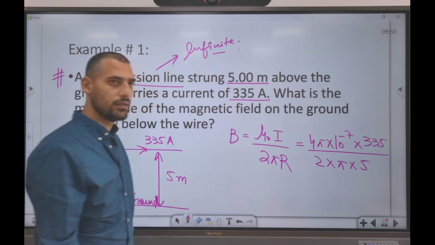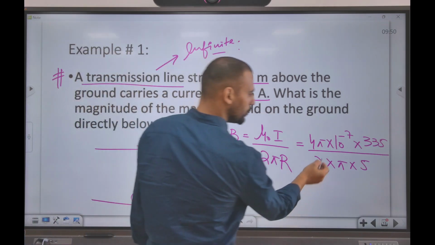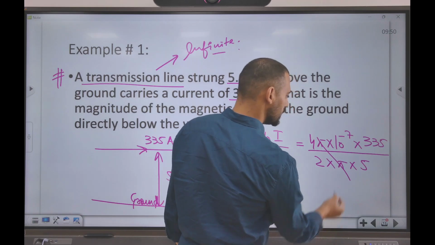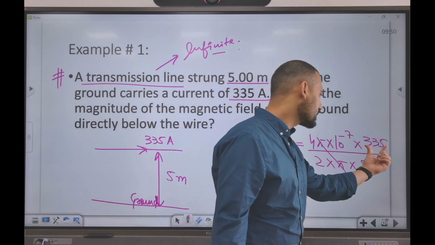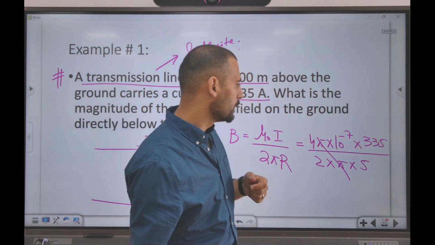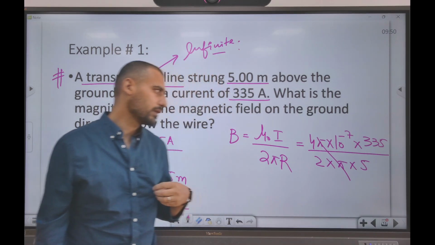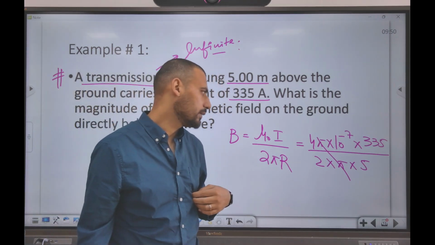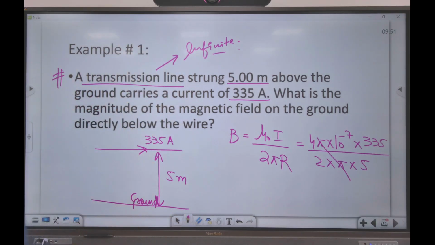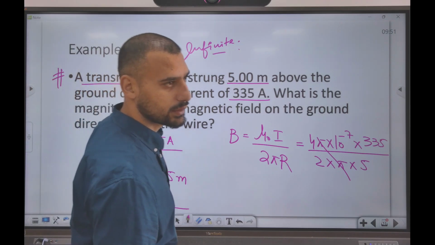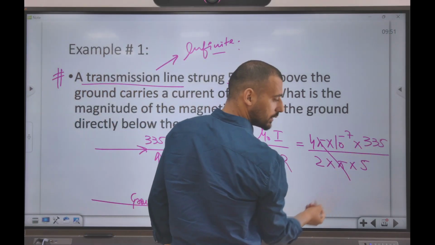Is that fine? So pi and pi will cancel. You can use your calculators to find the result. It is 4 times 335 times 10 to the power -8, because 5 into 2 is 10 in the denominator as well. How much is 4 times 335?